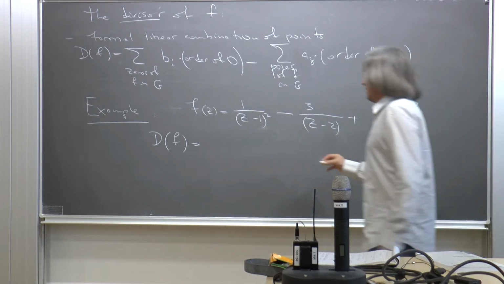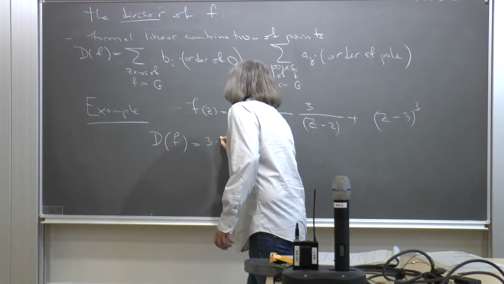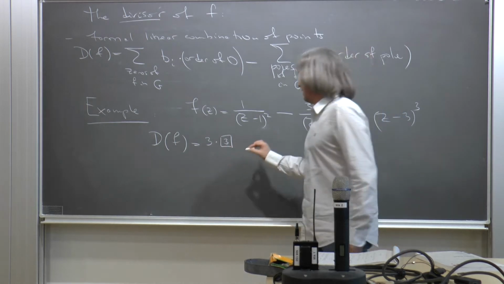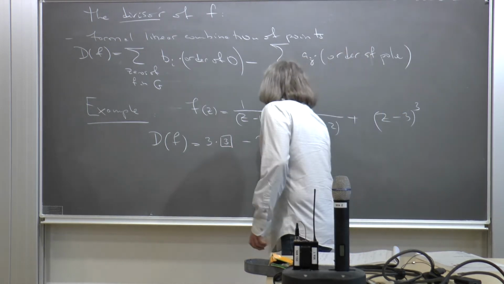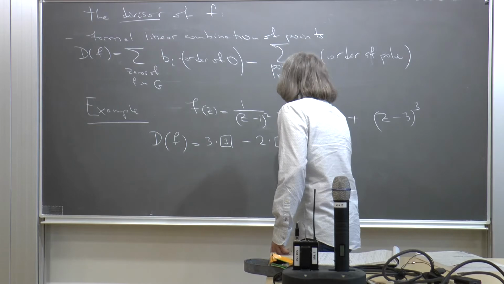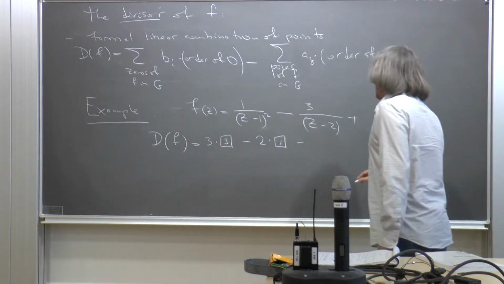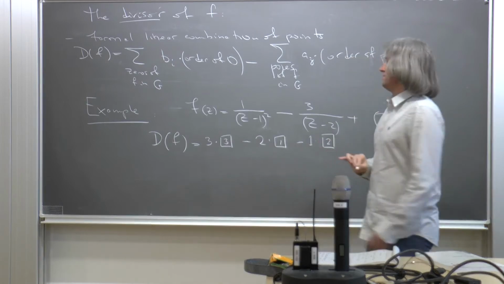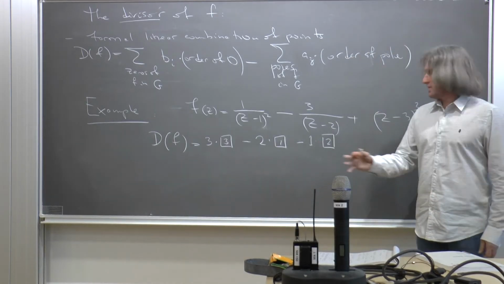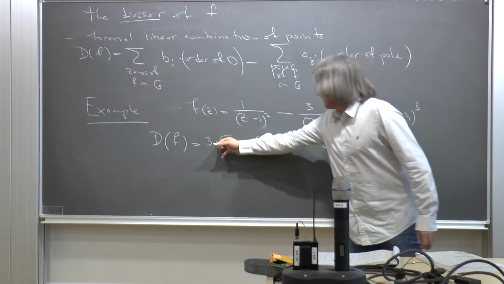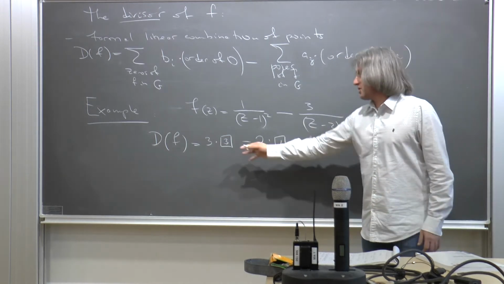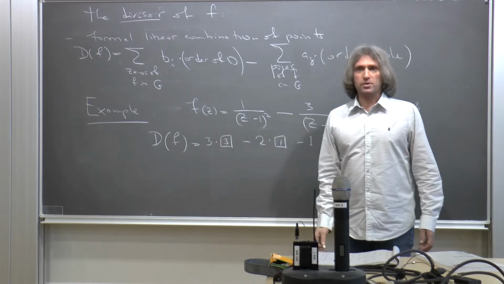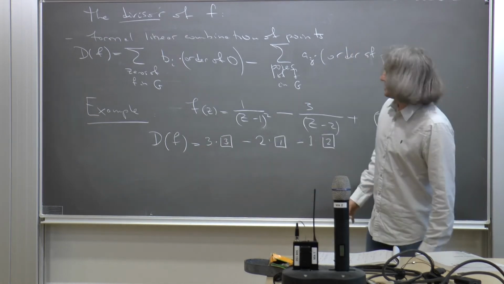So I write 3, which is the multiplicity, times the point 3, minus 2 times the point 1, minus 1 times the point 2. So this is a formal expression of a few points. It's not a standard notation for a point, but I just need to distinguish the coefficient, the multiplicity, from the point itself.